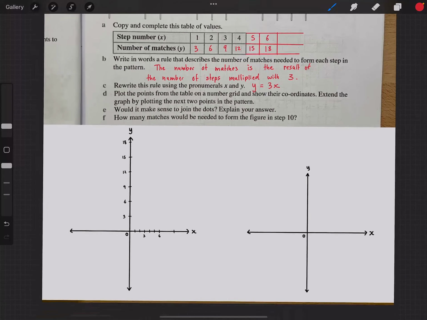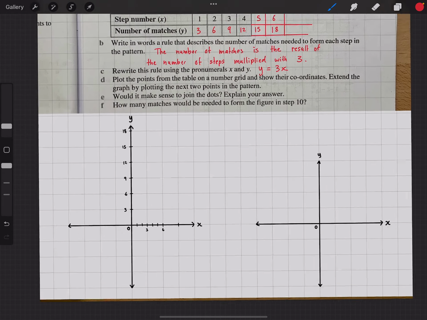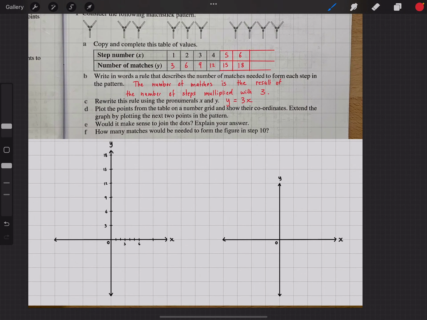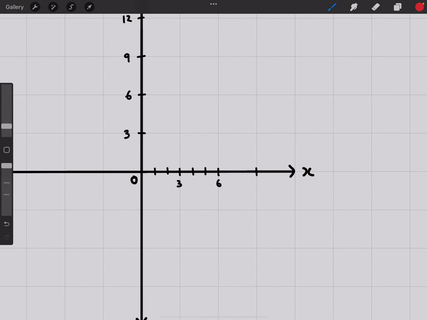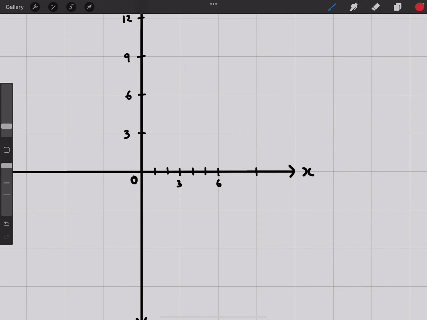Okay, I've prepared a graph here. Alright, so let's look at the first one. When x is equal to 1, y is equal to 3. So let's plot that here. When x is equal to 1, 1 is right here.